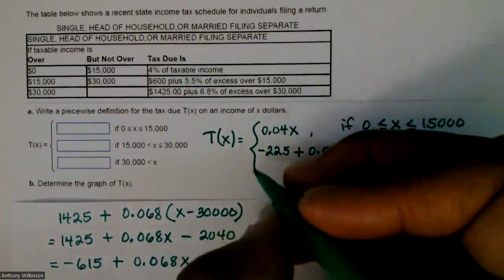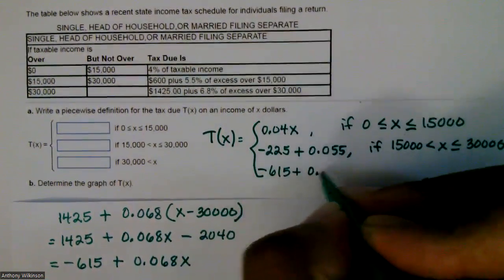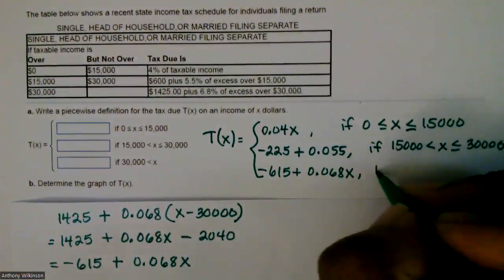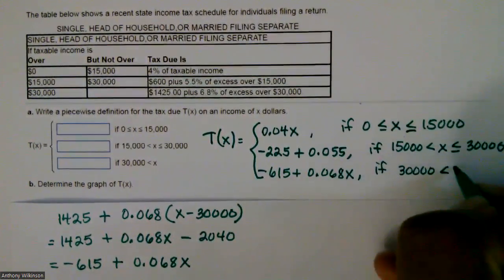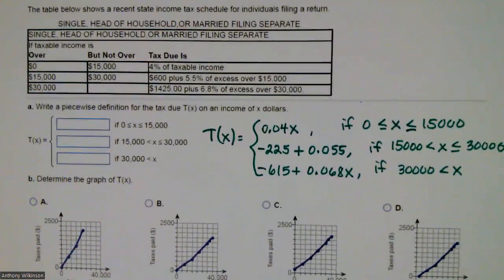So that's going to be the third piece: negative 615 plus 0.068 times x. That's if 30,000 is less than x, which is the same as saying x is greater than 30,000.